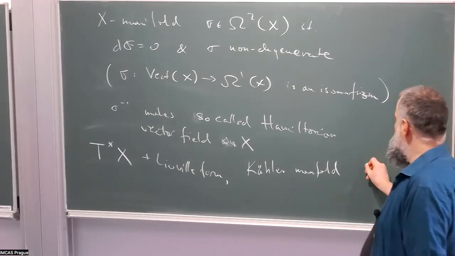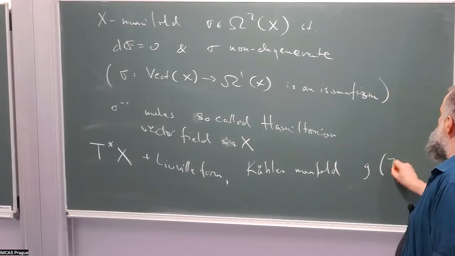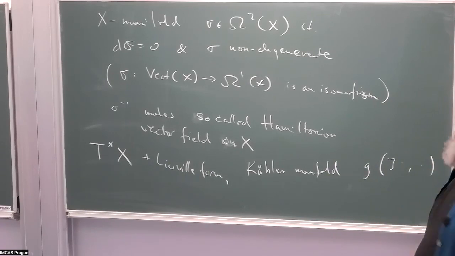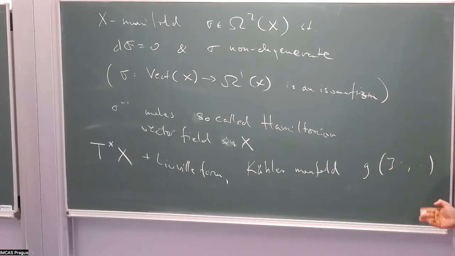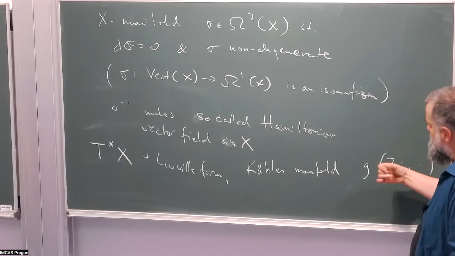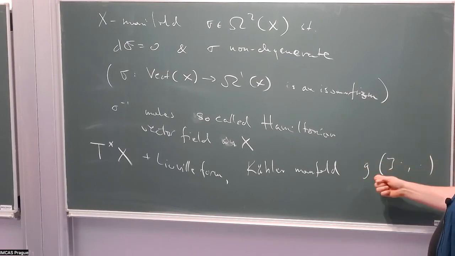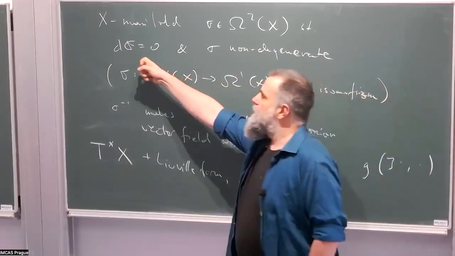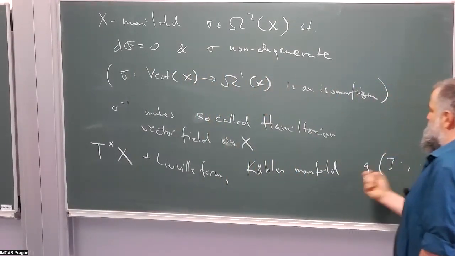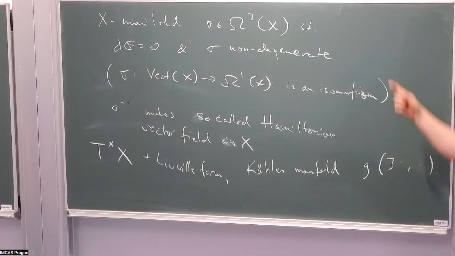If you take this metric and plug in the complex structure at one place, you get something skew-symmetric, and the fact that J is parallel with respect to Levi-Civita tells you that the derivative of this is zero, and it's non-degenerate because the Riemannian metric was non-degenerate.